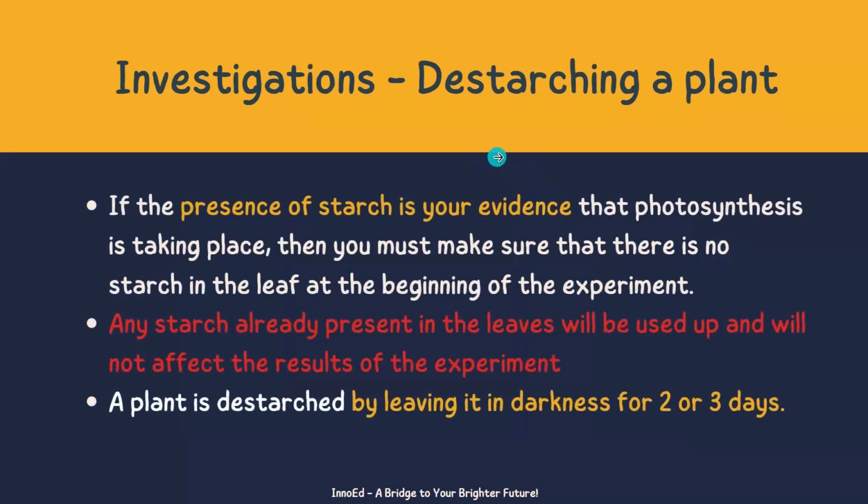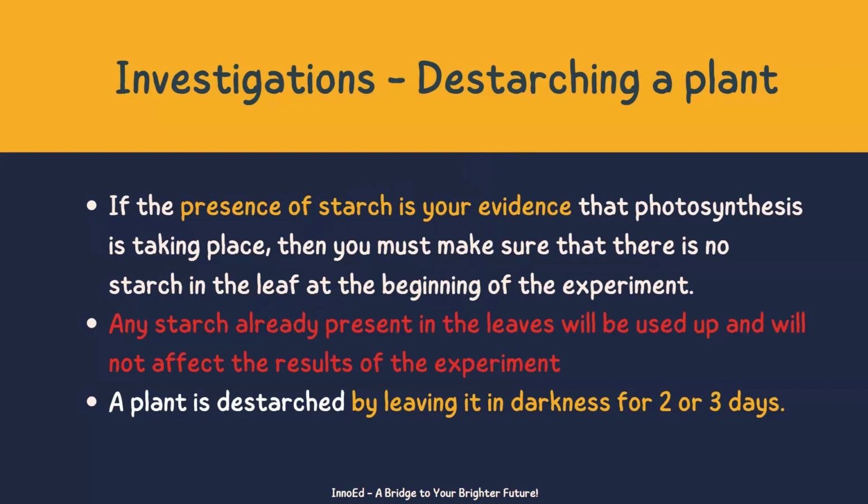Now let's look at the de-starching part of the investigation. If the presence of starch is your evidence in the photosynthesis investigation, you must make sure that there is no starch in the leaf at the beginning of the experiment. This is because any starch already present in the leaf will affect the results of the experiment.